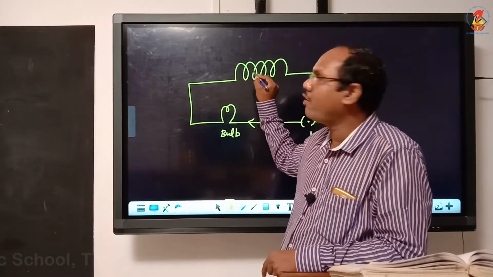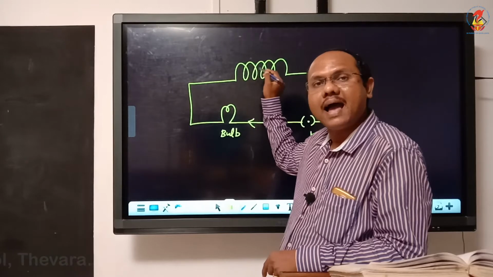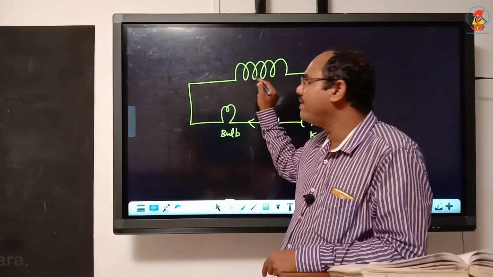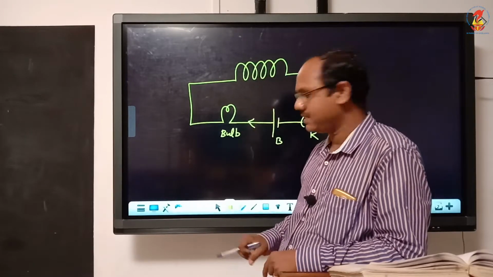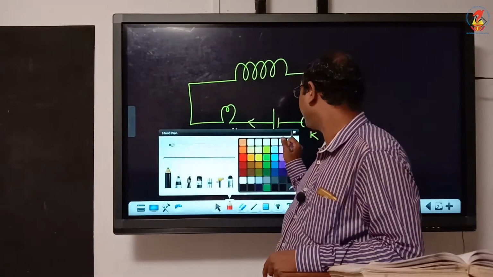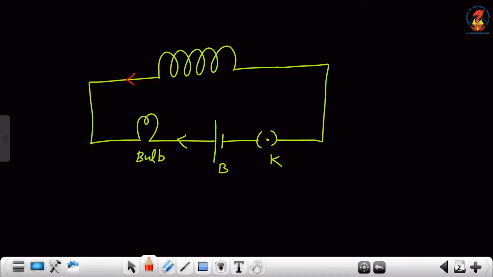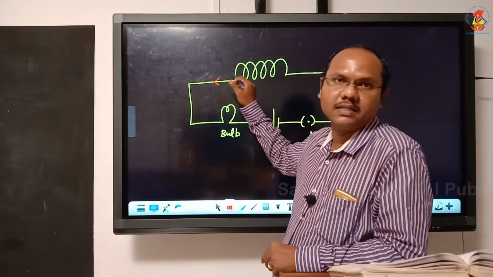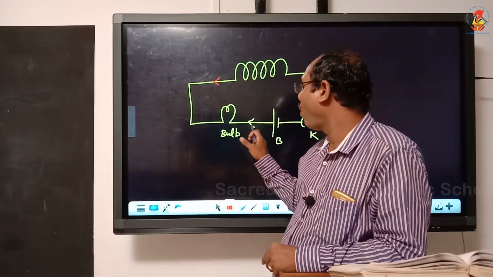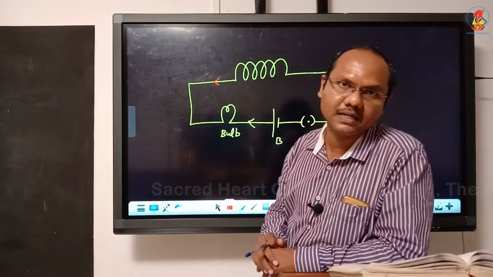Induced current will form in the solenoid, and as a result, it will oppose this current. So self-induced current formed by the solenoid will be in this direction. This will be lesser than the applied current, but the induced current will oppose the applied current.